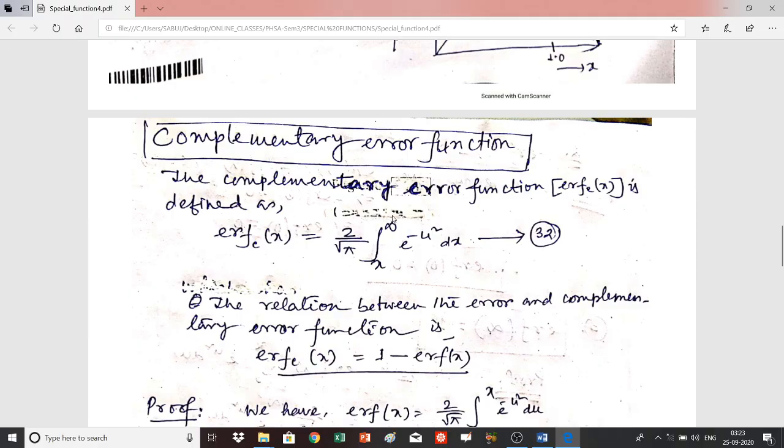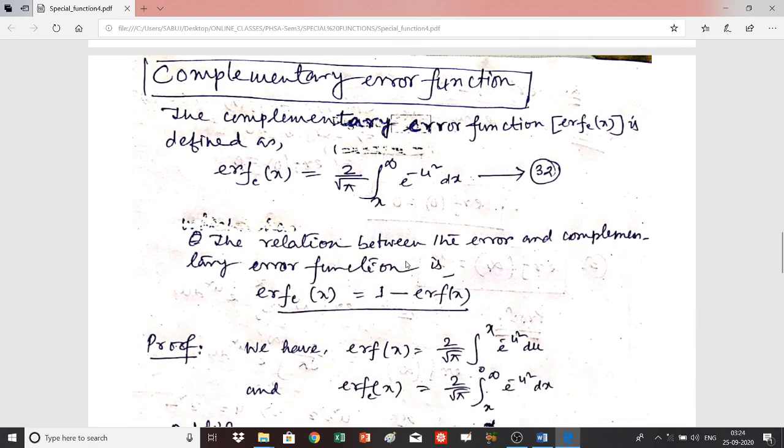See here, the limit of integration has changed, and it is equal to x to infinity. This is equation number 32. So the relation between the error function and the complementary error function is here.